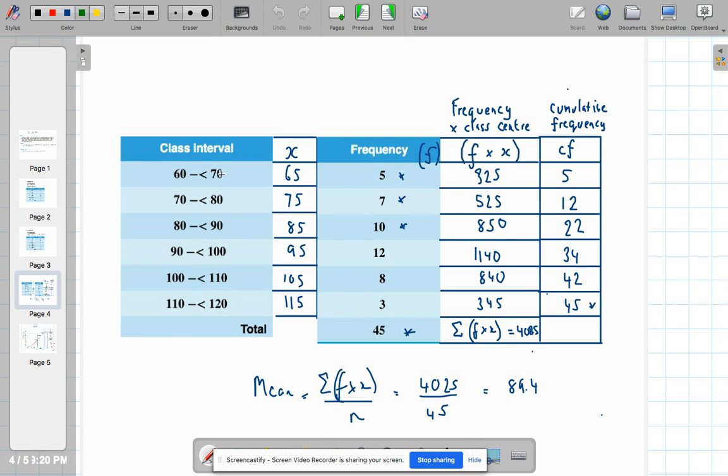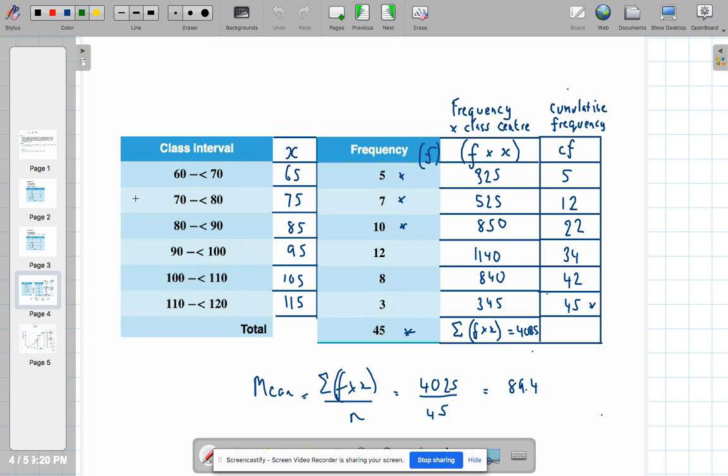Okay, the group goes from 60 to 70. The middle of the group is 65. 70 to 80, 75, and so on. So I times the frequencies by the mid or the class centers. Add them up, 4,025. Divide that by 45, sum of the frequencies there, 89.4 is the mean.